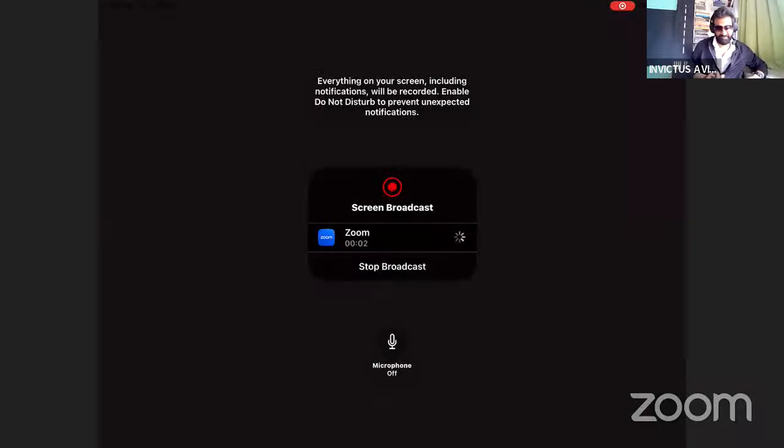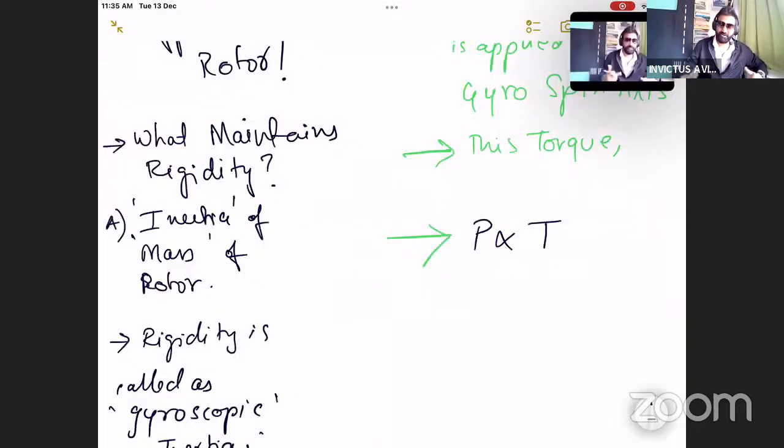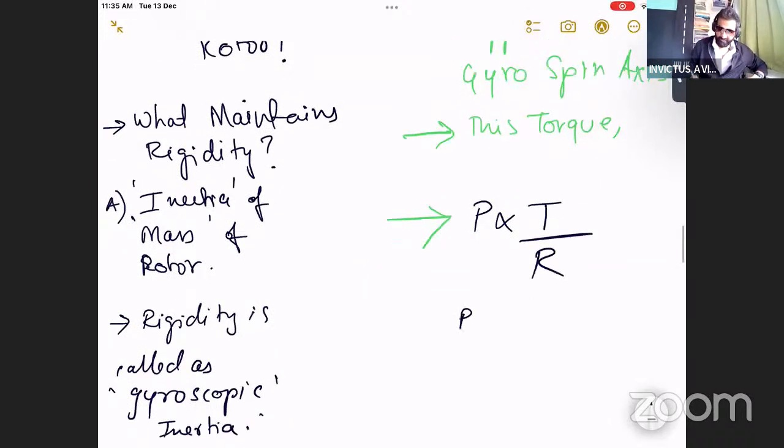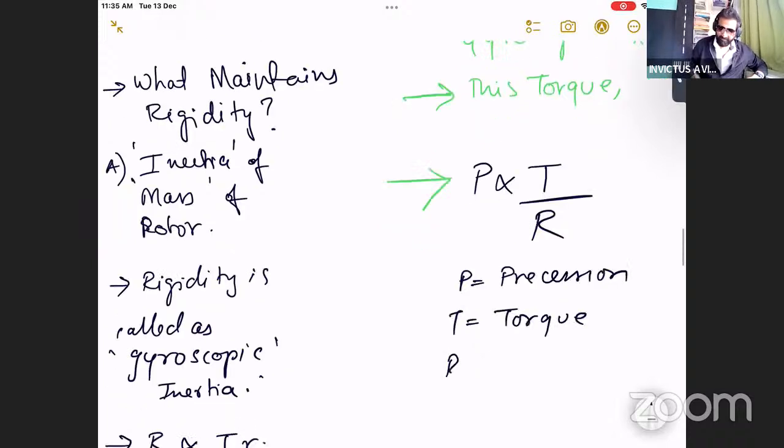What is T? T is torque. And what is R? R is rigidity. Rigidity is capital I into small r. So P is precession, T is torque, R is rigidity.